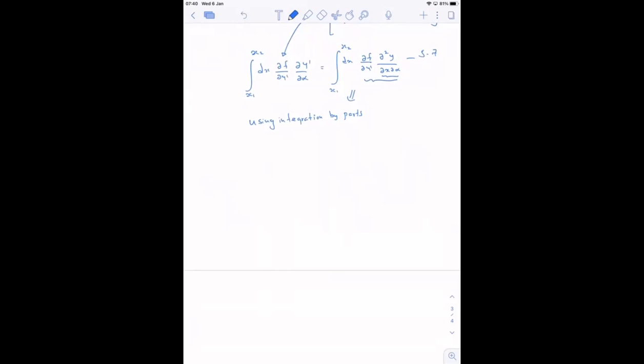I am going to do the integration of 5.7. That is, the first term will be ∂f/∂y', and then the integration of the second term, which will be ∂y over ∂α, right? Just check this yourself. I guess you can understand this. And the integration will be from x1 to x2.